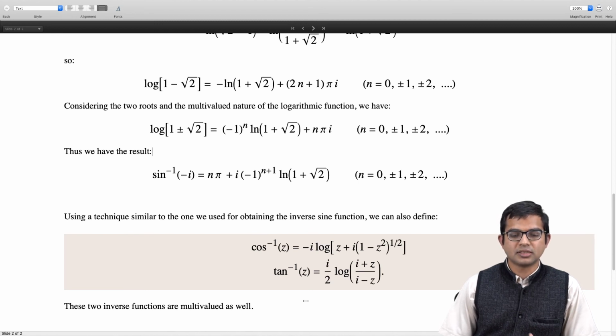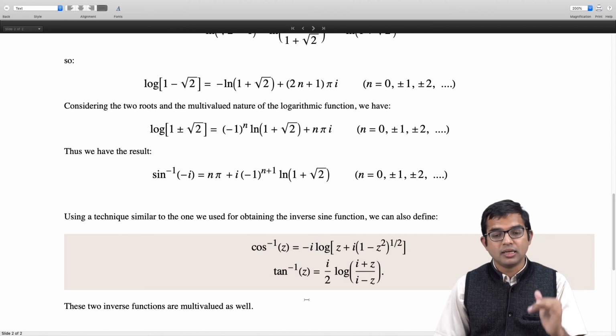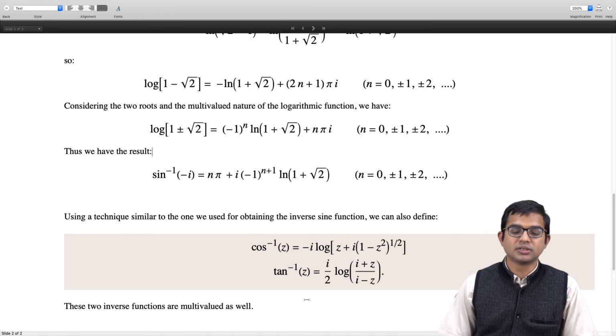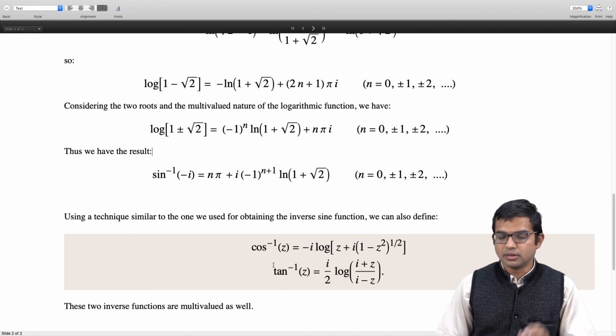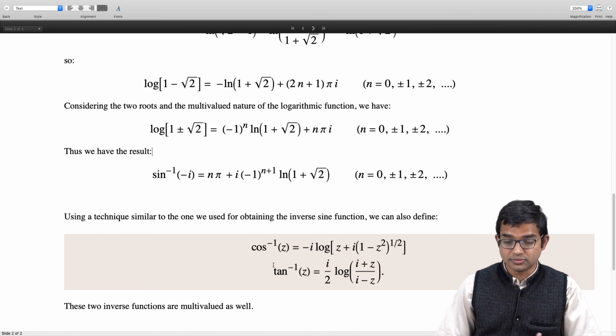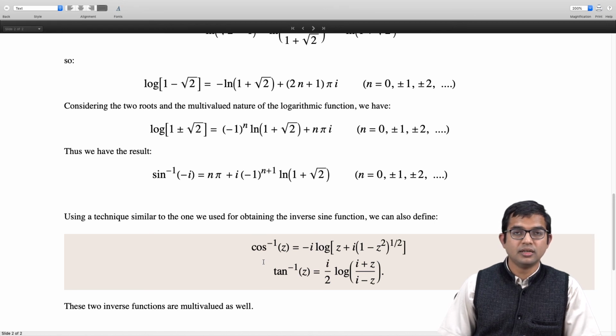But for our purposes at this point, we just want to be aware that it is possible to define in a meaningful way all these inverse functions, but they have this multi-valued character. So ultimately, all of this multi-valued character goes back to these log functions or square root and so on, and also the arg function, which in turn is also hidden deep underneath all these multi-valuedness of these functions.